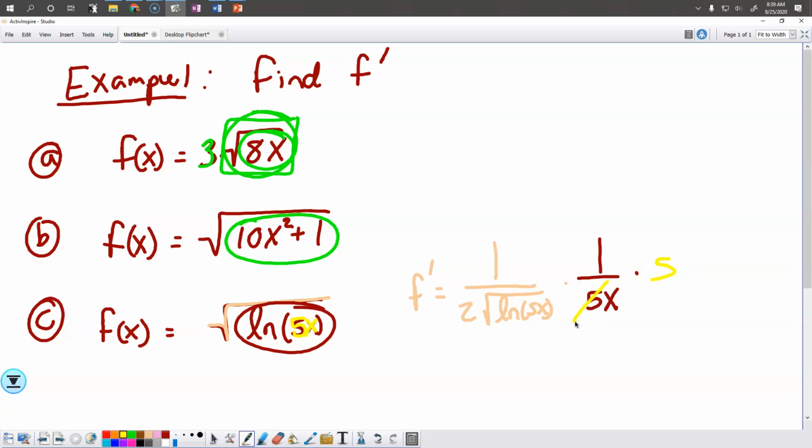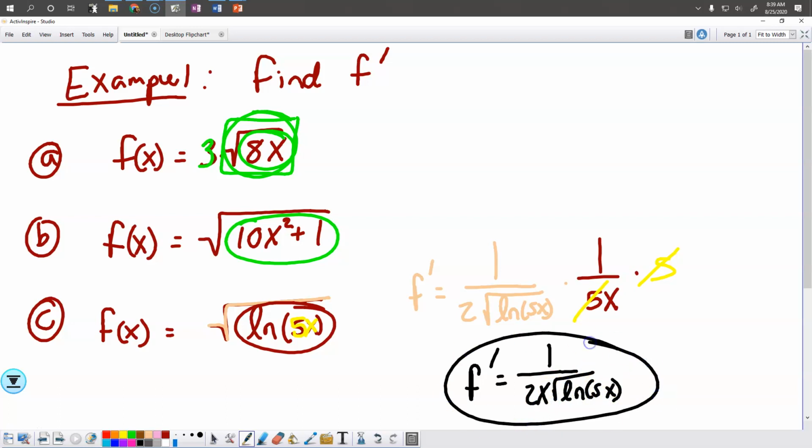The 5's cancel, right? And so now my final answer is f prime equals 1 over 2x square root ln 5x. We have the x, we have the 2, and then the square root of ln 5x.